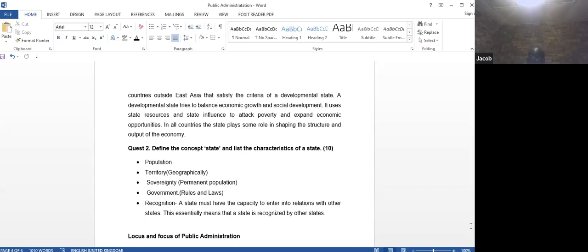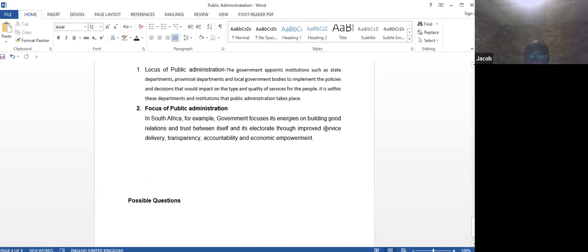Here in South Africa, most of the public administration is done by departments that have been formed by the government, such as provincial departments and local government bodies. These are created for the purpose of implementing the policies that are designed by the government. So the locus of public administration means the location where the activities of public administration are done.